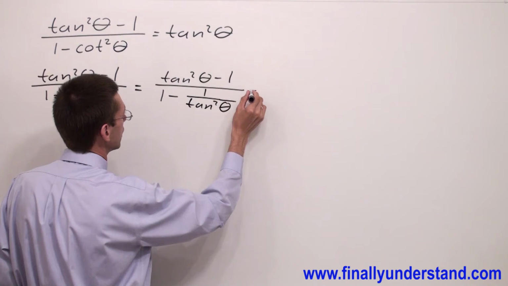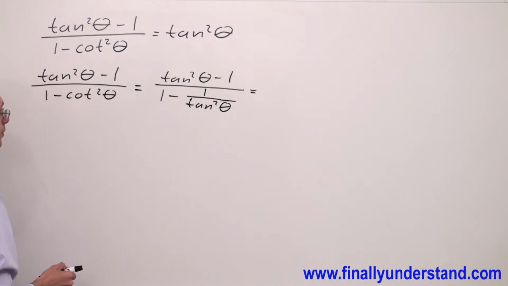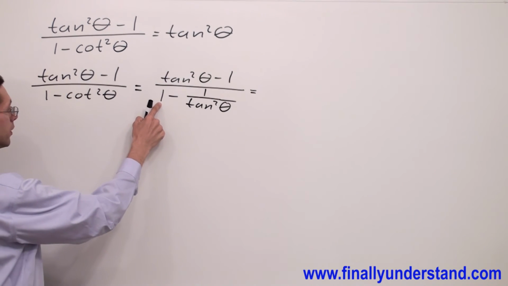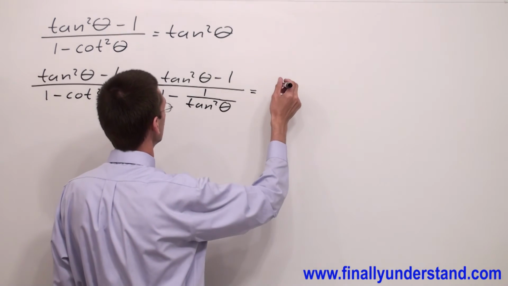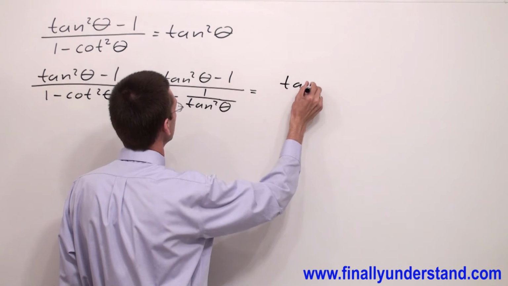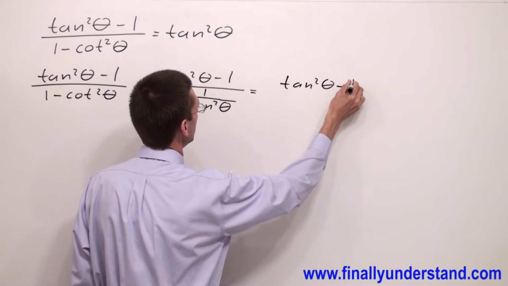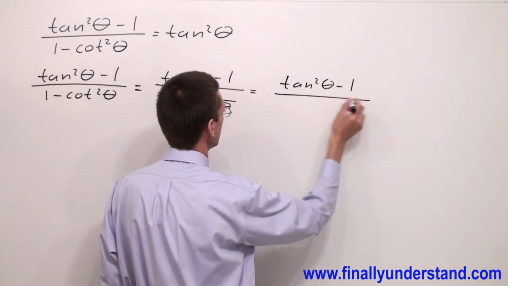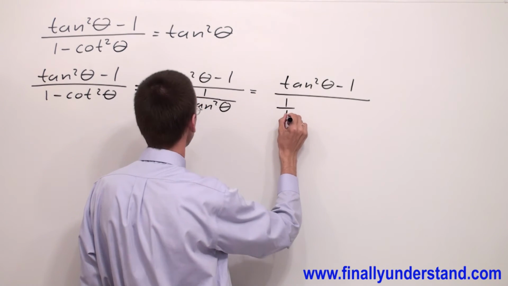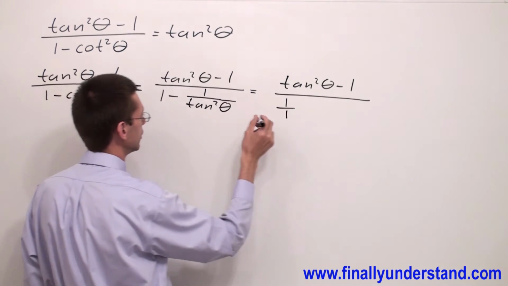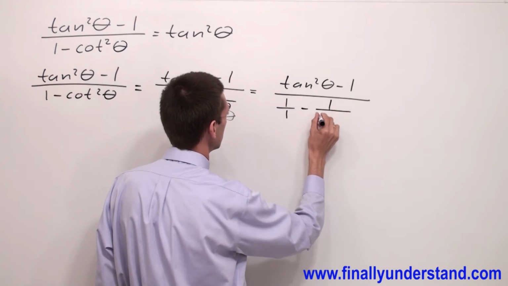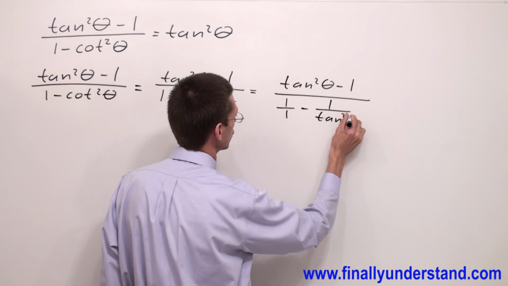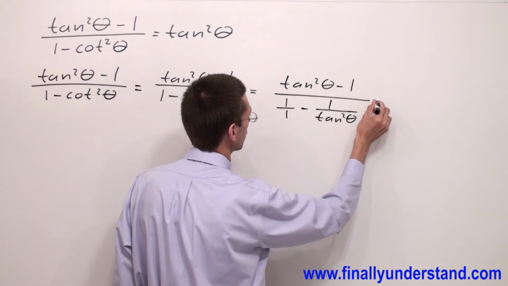Now, this is equal. I have 1 and I have fraction. So what I'm going to do, I'm going to write tangent squared theta minus 1 over 1 over 1. I have to convert this one to fraction because I have fraction over here, minus 1 over tangent square theta.